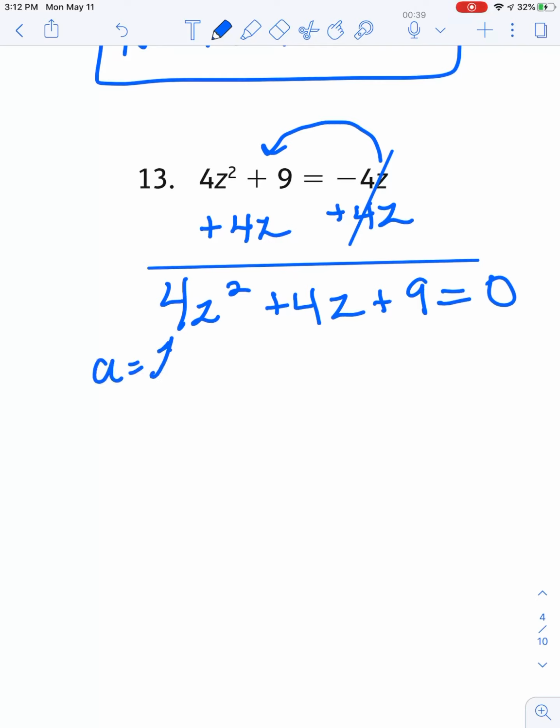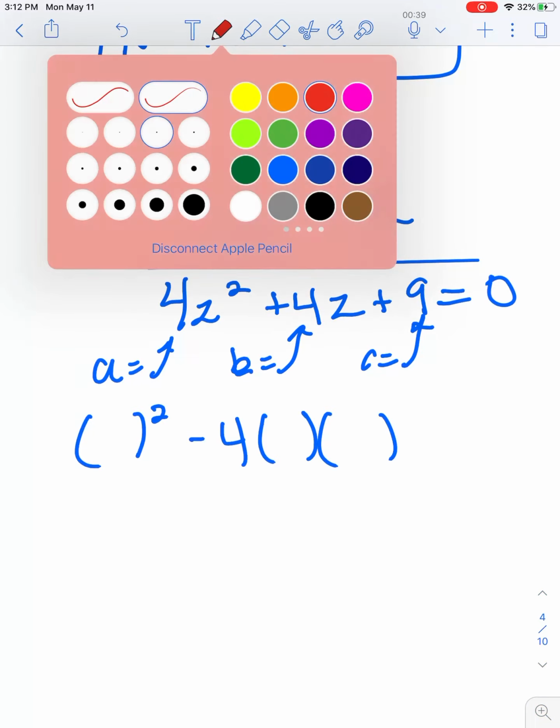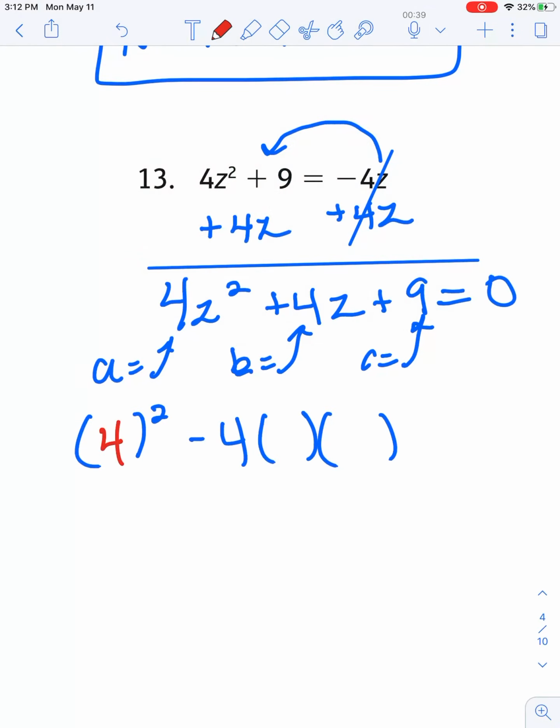So your A is 4, your B is 4, and your C is 9. So we're going to go B squared minus 4 times A times C. So your B is a positive 4, your A is a positive 4, and your C is a positive 9. So we get 4 squared, which is 16.